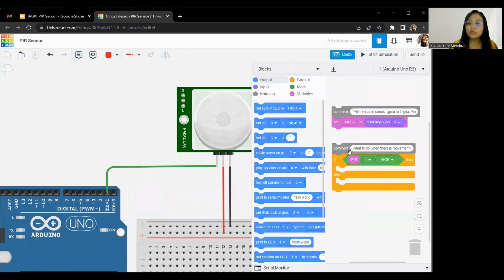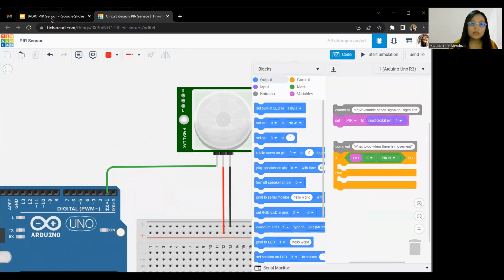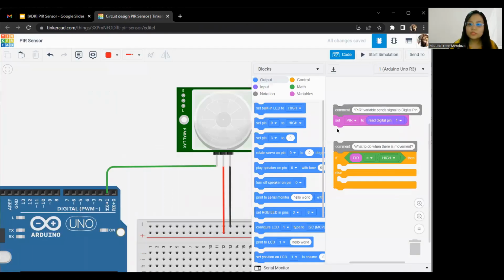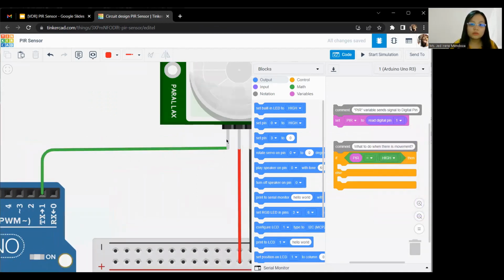And then for the coding, we will just use, again, the structure that I discussed earlier. So we have here set PIR to the read digital pin. And then we will choose pin number 1 because this is where we connected our PIR sensor. Pin number 1 right here. And then next, we will have the conditions.